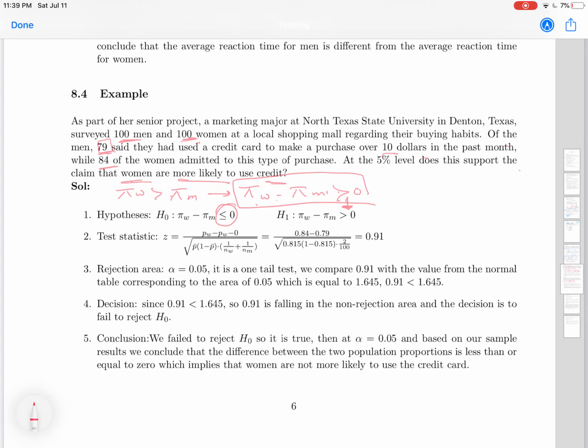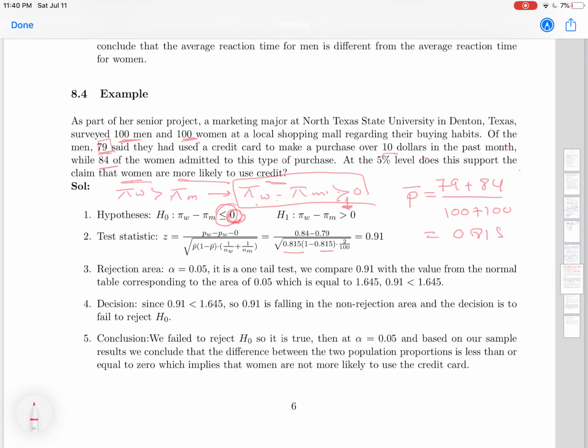I'm going to write this in the form of a difference. Women are more likely. So greater than 0 doesn't have the equal sign, so I am going to put it here, and this is going to be the opposite of this one.